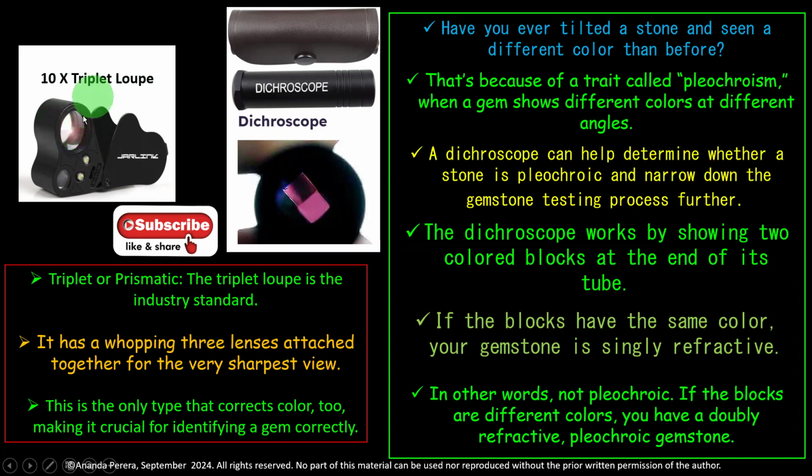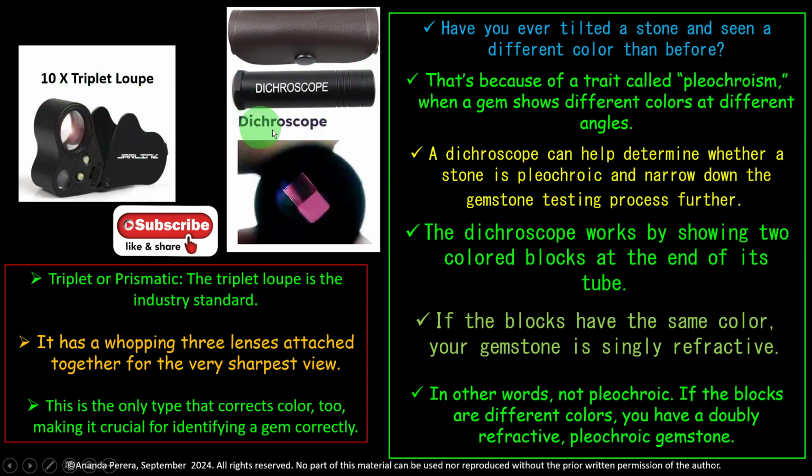When the color comes through the gemstone, it gives perfect color to our naked eye. So the 10x triplet must be the loupe you choose. If it is not a triplet, you can't see the real color. So this is the standard loupe for gem testing.